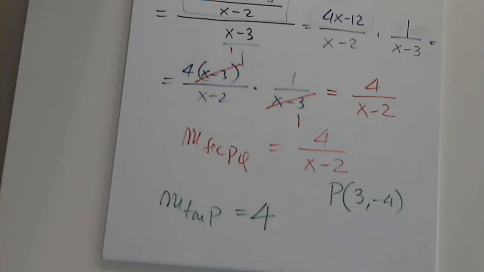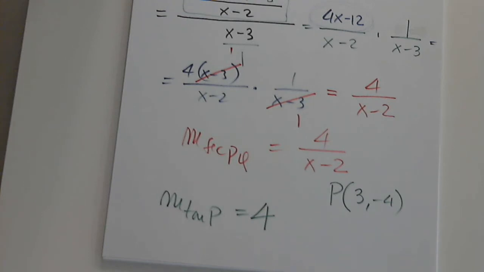Close the parenthesis for the numerator. And now we divide. And in parentheses, x minus 3.